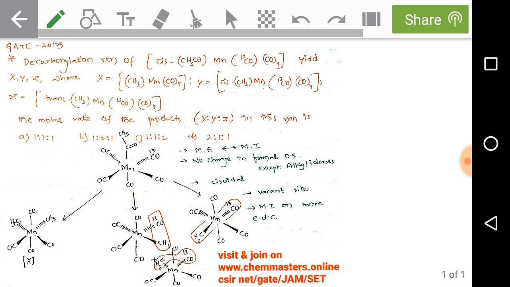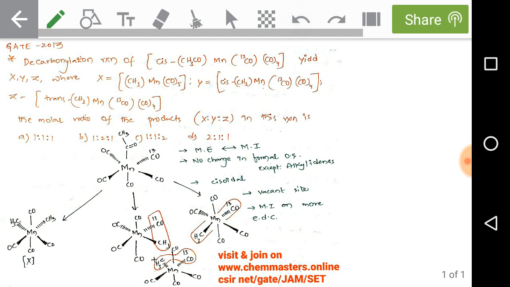Then in that condition, this CO group must be eliminated and it should form a vacant site. After formation of the vacant site, this CH3 comes here and takes the place of the vacant site of that CO. In that condition, these two are trans to each other. So this is the product Z.